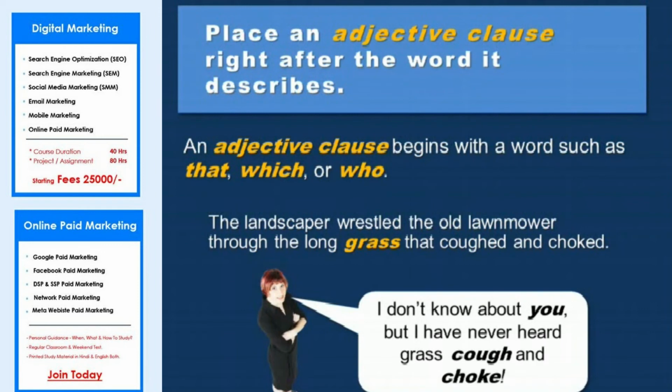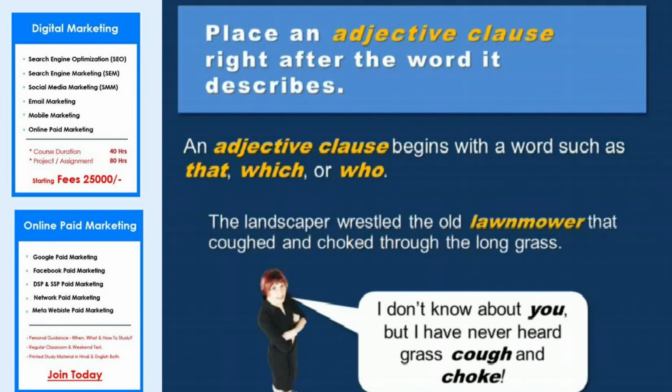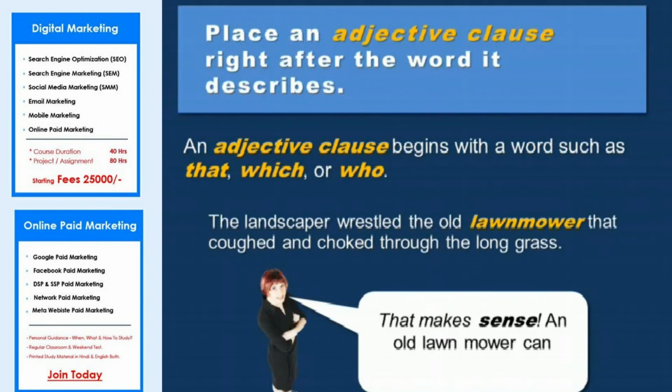So was it the grass that was cuffing and choking? No, that refers to the mower and not to the grass. So we've placed the adjective clause, that is, that, after the noun that it is modifying. As you can notice, the landscaper wrestled the old lawnmower that cuffed and choked.